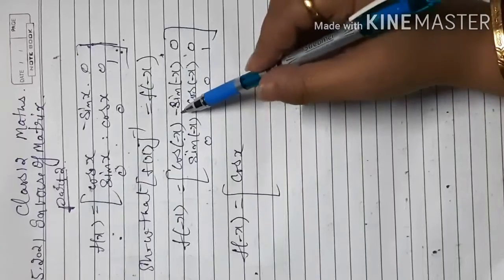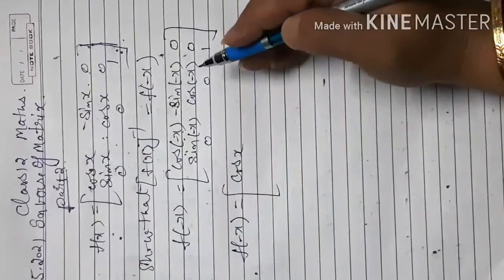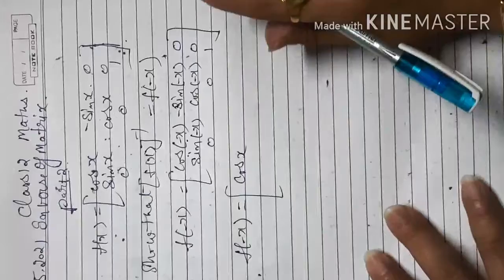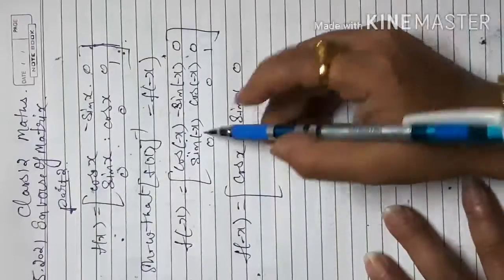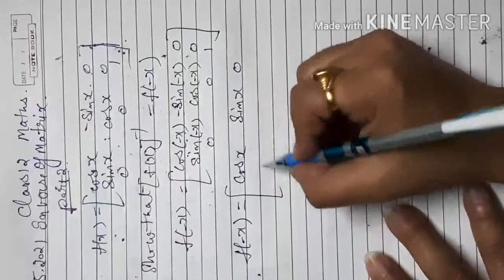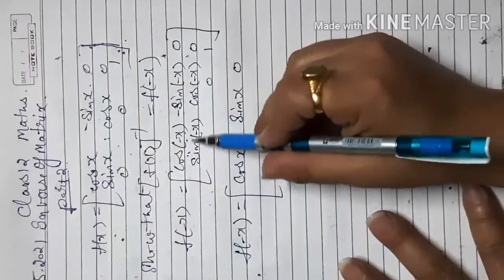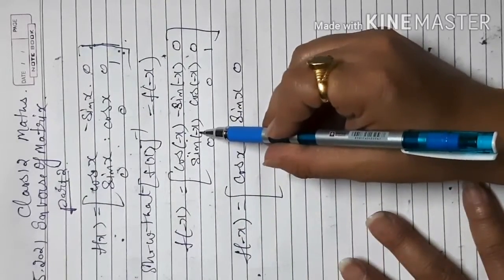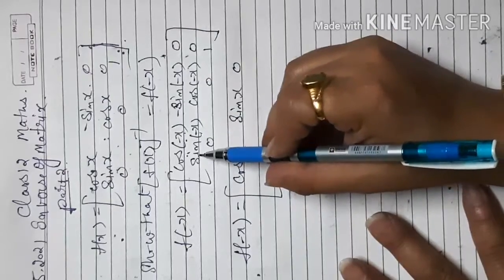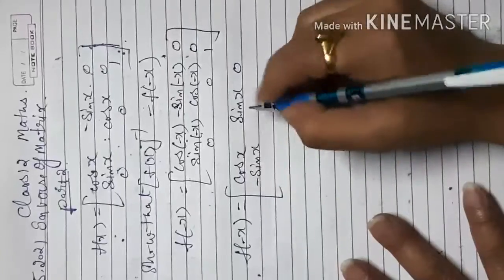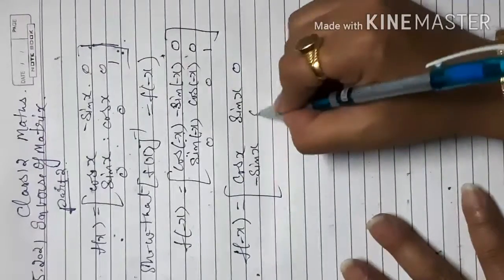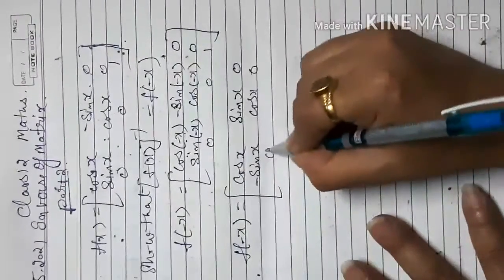If we take the negative sign outside, there is already one negative sign, so negative negative becomes positive, so that becomes sin x, 0. And here also it will be minus sin x, because the negative of the angle shows that this trigonometric function lies in the fourth quadrant, where sin is negative. So here cos x, 0, 0, 0, 1.